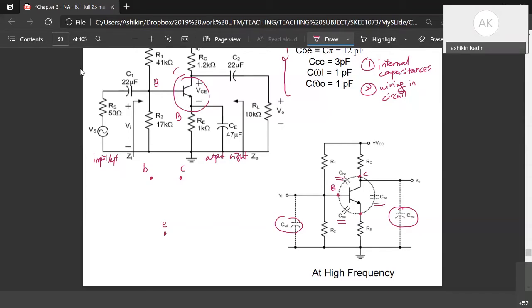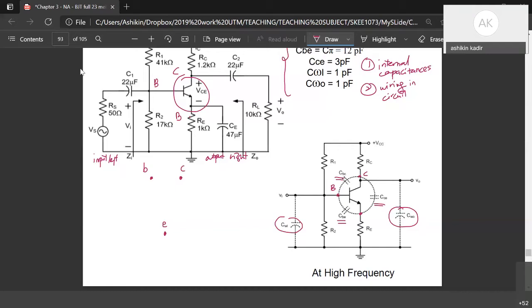Firstly, what happened to the capacitors? Same like we draw the mid-frequency analysis, the capacitor is fully charged and it allows the current to flow.